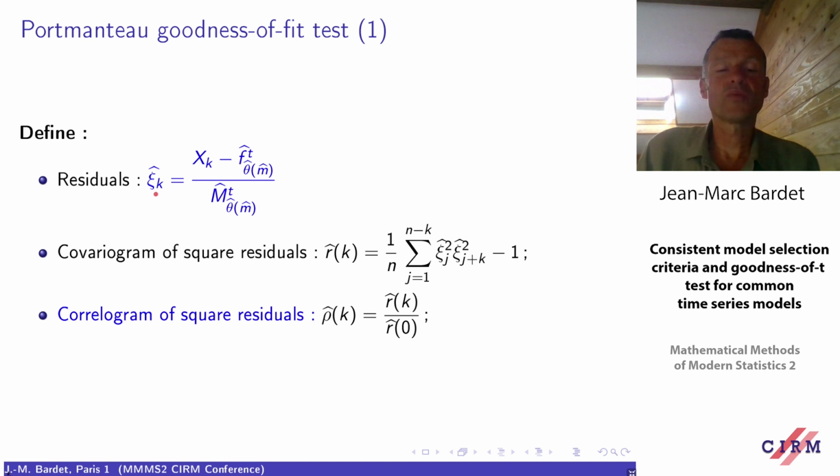And using the definition of the optimal selected model, normally we have X_k, which is M times the xi plus f. So using these relationships, we could define xi hat k, which is an approximation, an estimation of xi k, the residuals.